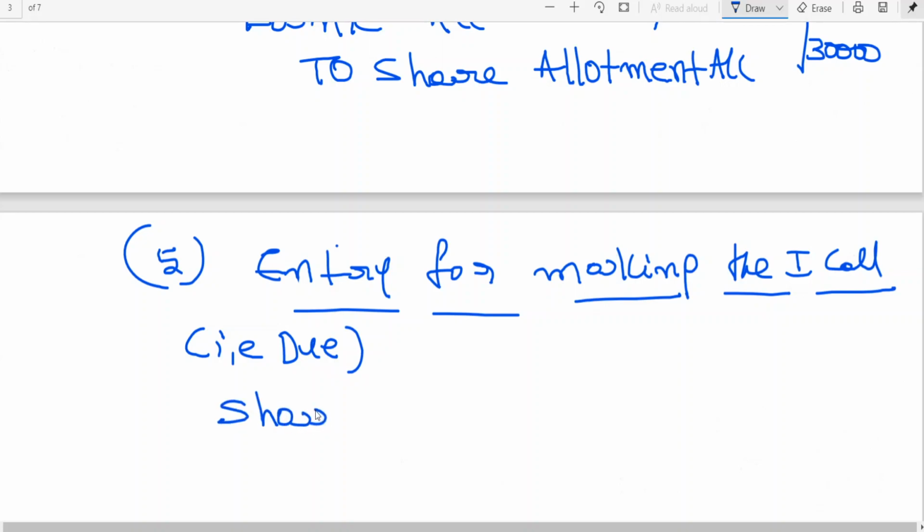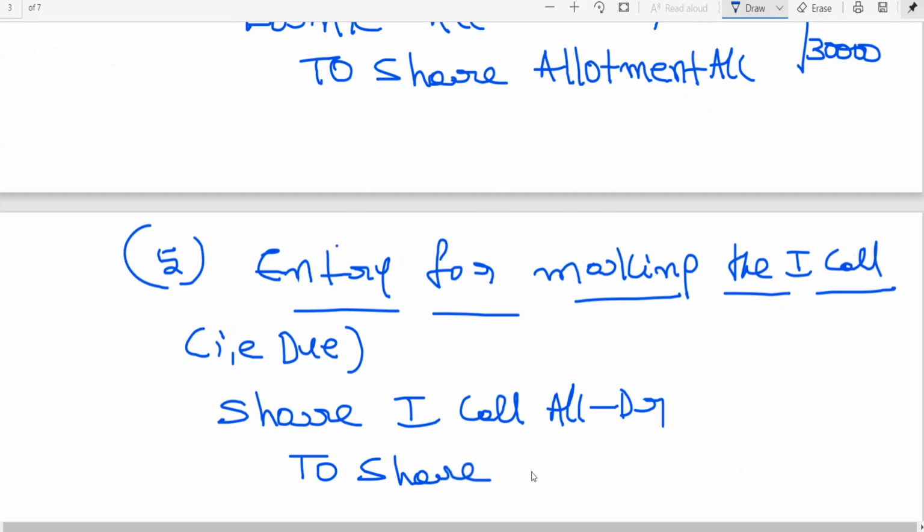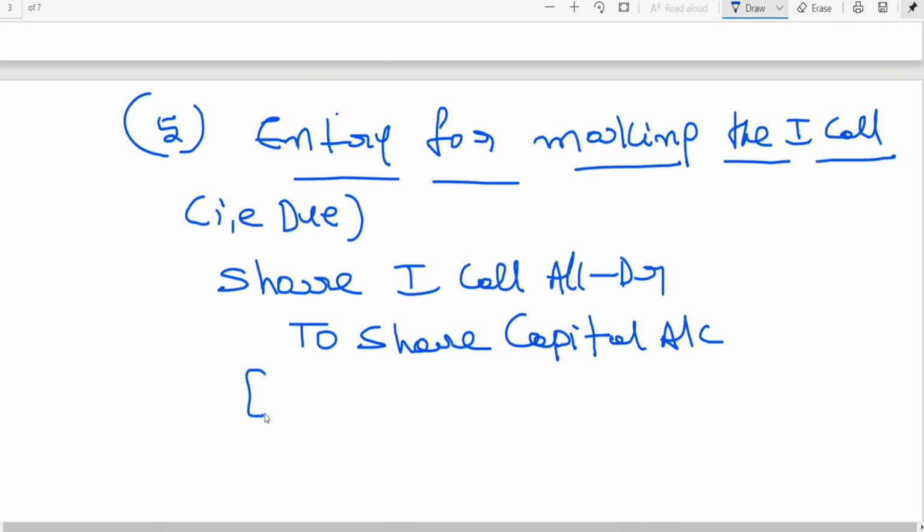You should write share first call account debtor to share capital account. How many shares? 10,000 shares. First call, I have given the example of 2 rupees there. 20,000. Okay, entry for making the first call.